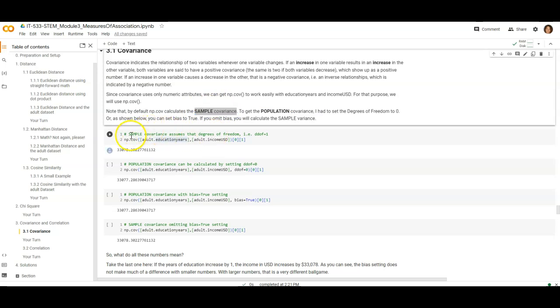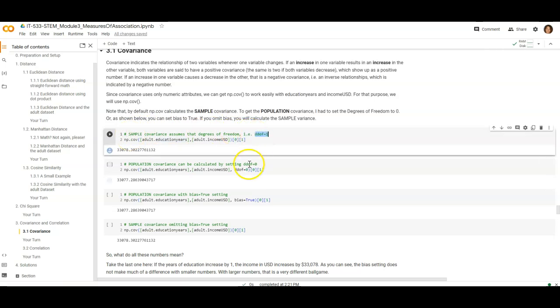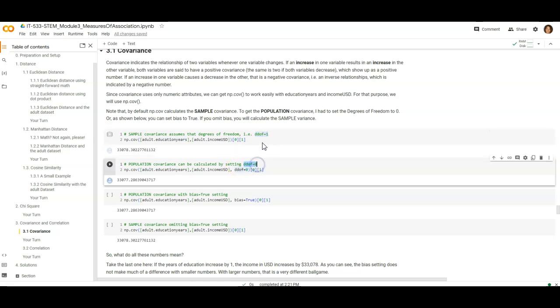To get the sample covariance, which is the default setting, the degrees of freedom are set to 1. To get the population covariance, we are setting the degrees of freedom to 0. In our case, it really doesn't matter because we are getting very, very similar results, as you can tell with np.cov and here between education years and income USD.